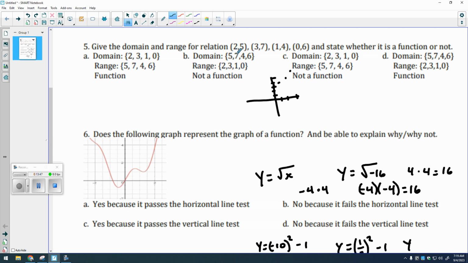Not 2.1, not 2.4. So I can't say my domain goes from, what's the smallest, 0, to 4. It doesn't cover every single value between 0 and 4. The domain is only these individual specific x values.